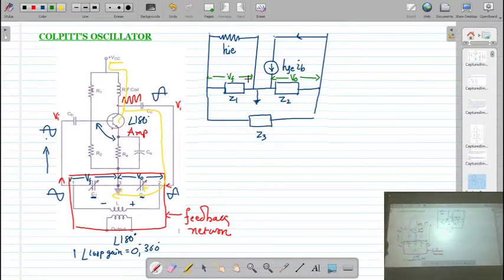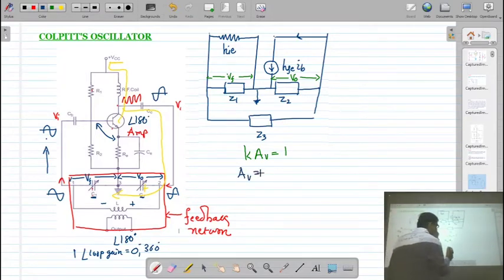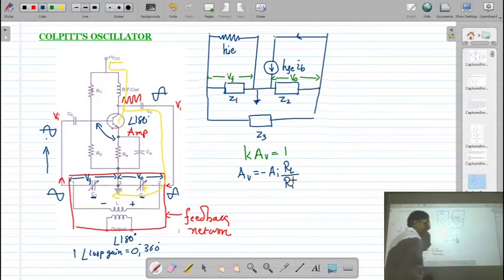Now, what is the Barkhausen criterion? The Barkhausen criterion is K into AV equal to 1. And here we can write the gain of the amplifier. This gain of the amplifier, if you remember, has a standard formula: minus AI into RL divided by RI.